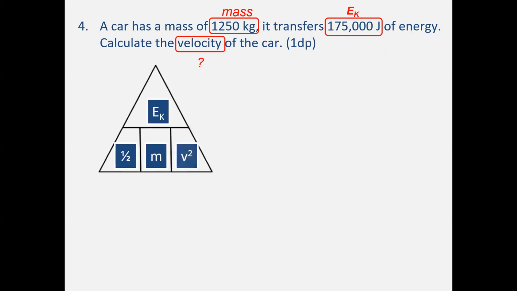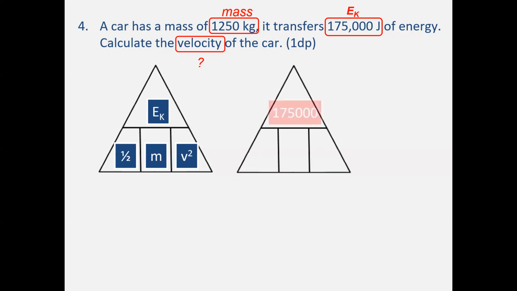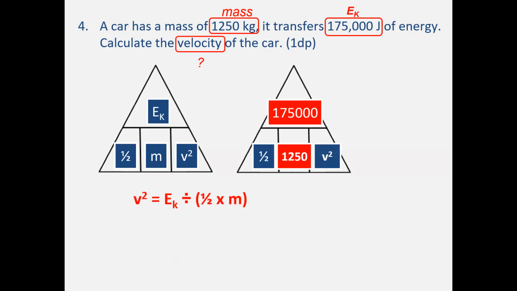So according to your formula triangle, if you are trying to calculate velocity, you would cover up velocity squared, which would give you kinetic energy divided by half times mass. Substitute your values into your formula triangle, and you will find that velocity squared equals 175,000 divided by half times 1,250.